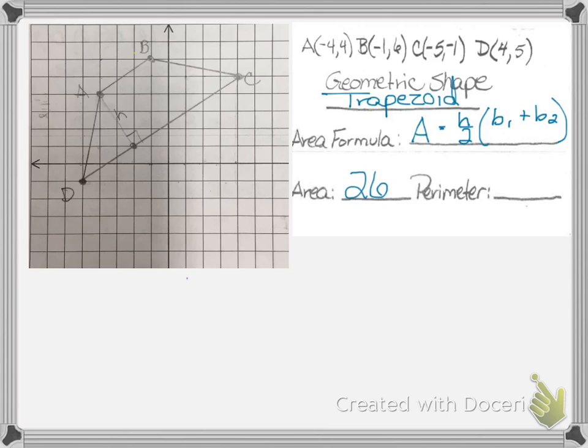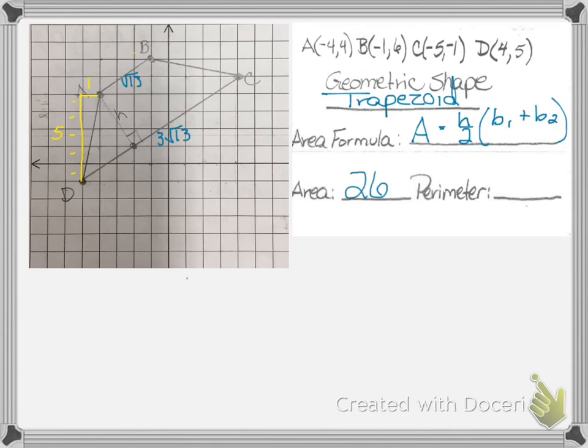Now let's go to perimeter. We already know that the length of AB is square root of 13. We already did that. And we also know this length is 3 square root 13, but we do not know the lengths of the legs of this trapezoid. So if we draw our right triangle, this length is 1, this length is 1, 2, 3, 4, 5.